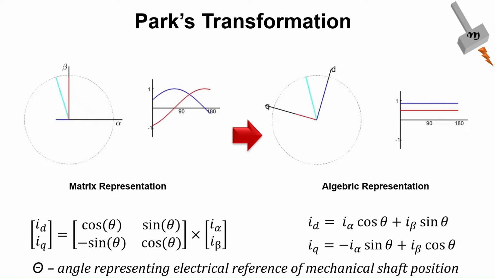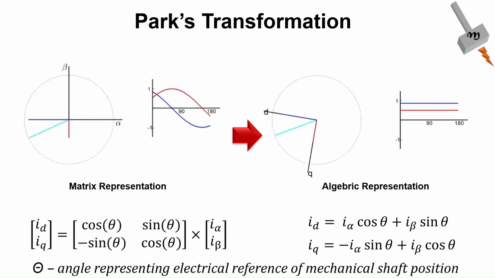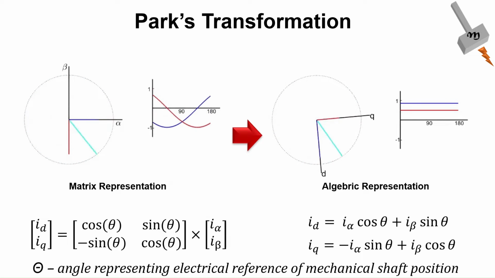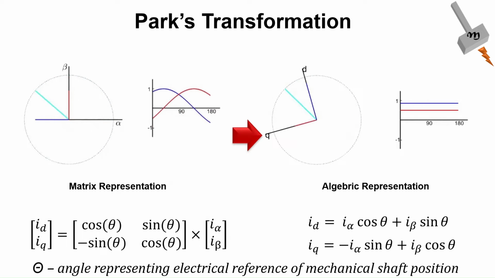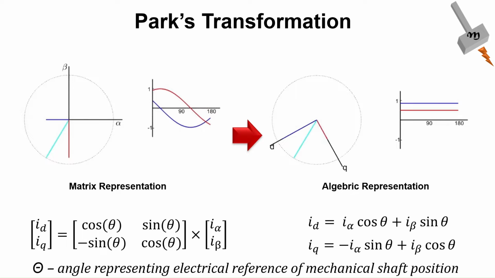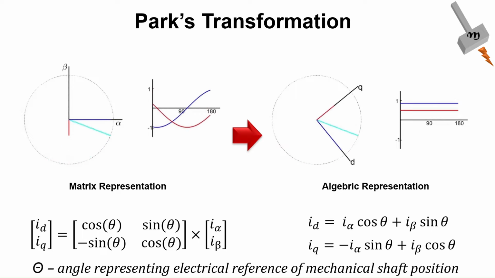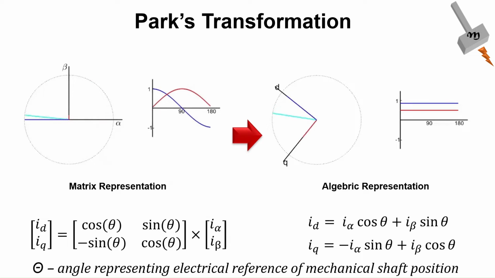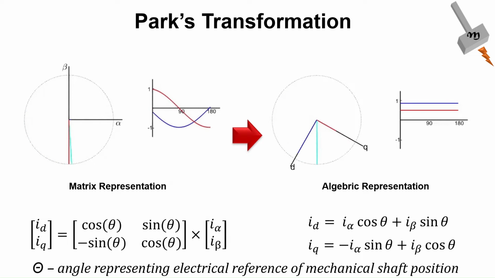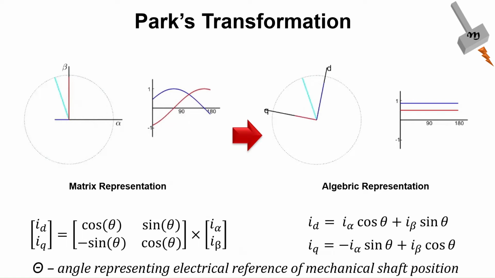Implementing these two transformations consecutively simplifies computation by converting AC current and voltage waveforms into DC signals. This converts the signal from the three-phase system of the induction motor to two components, the D-axis component, which controls flux, and the Q-axis component, which controls torque.